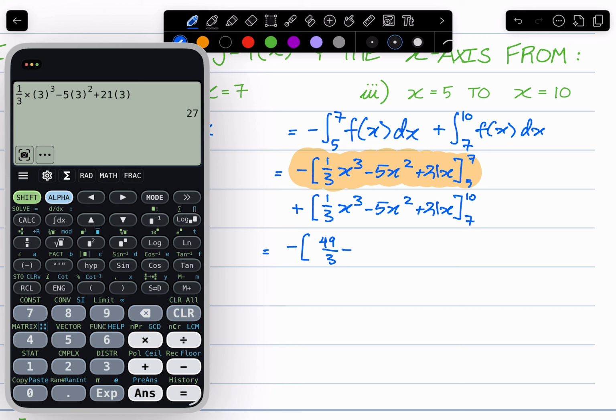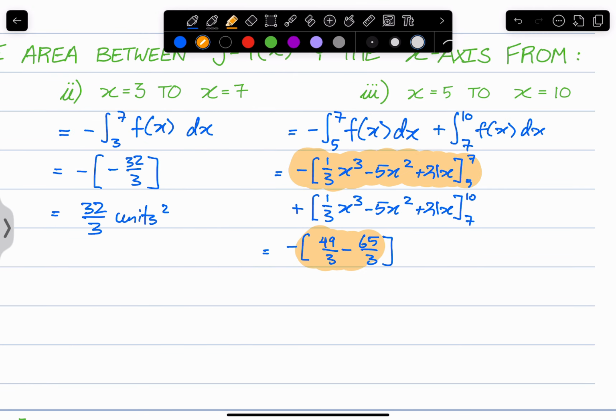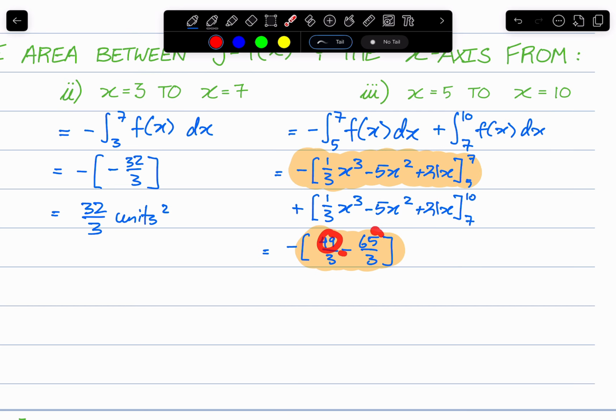Nope, we don't have a 5, so let's do that. Plus 5, and 5. This gives us 65 on 3. So this is just the orange portion. And notice that the inside here will become negative because 49 minus 65 is a negative. But because we have that negative in the front, it will be made into a positive.